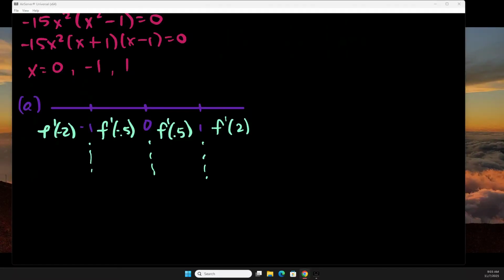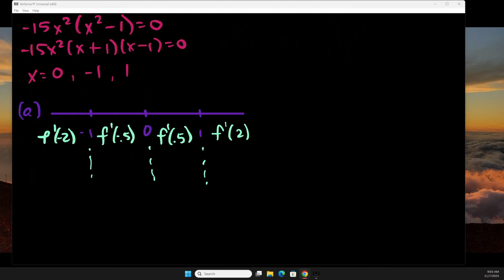Okay, so I have 3 sets of factors I'm going to plug it in. First factor, negative 15x squared. Always negative, because everything that we put in and square, we get positive, and then we multiply that by negative 15. So let's just go ahead and make that always negative, and we don't have to worry about it.